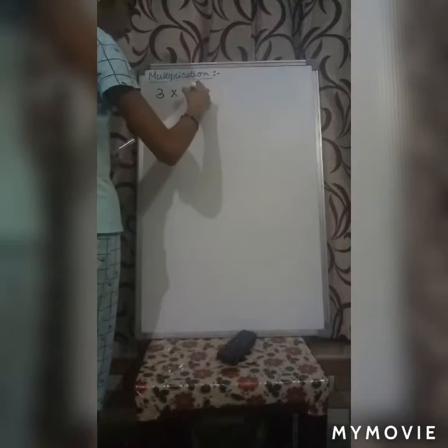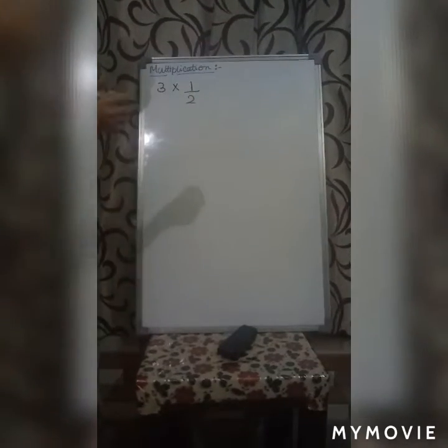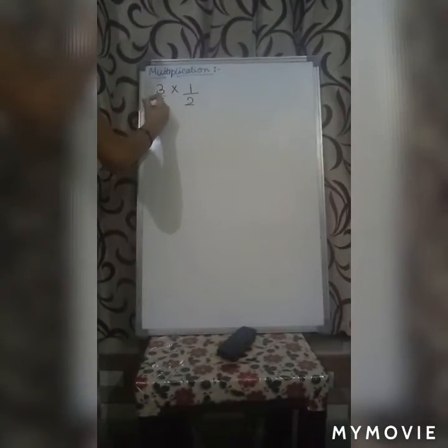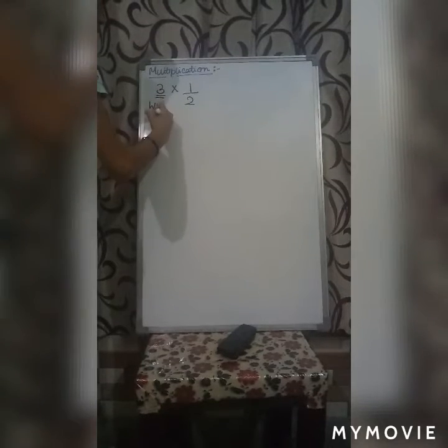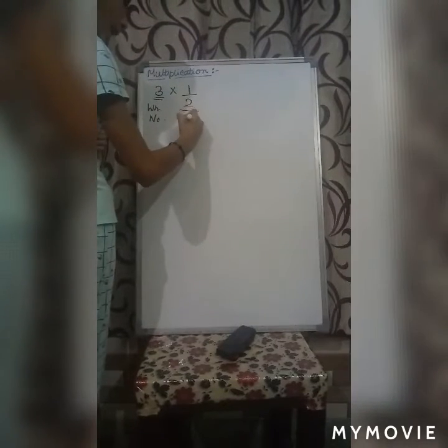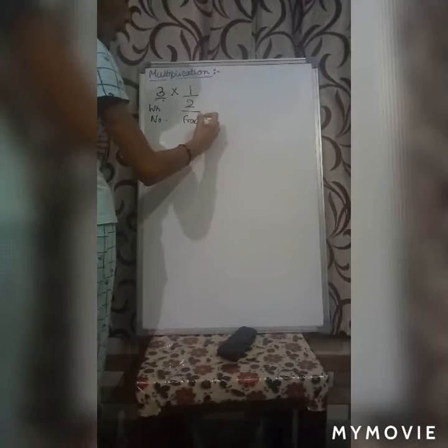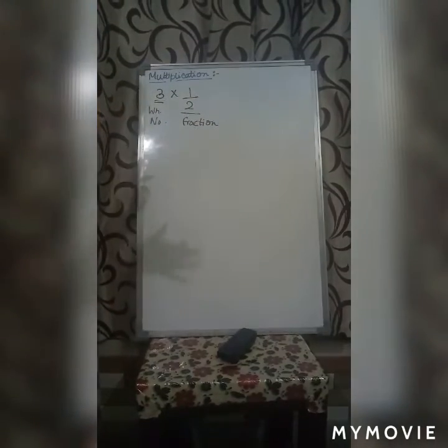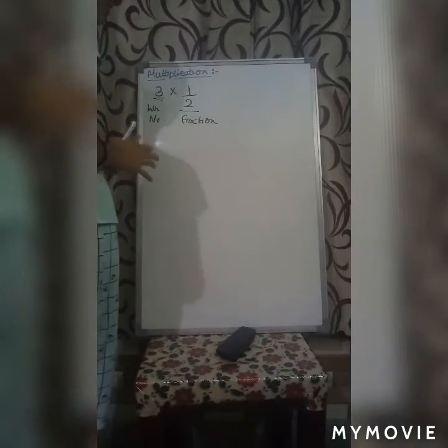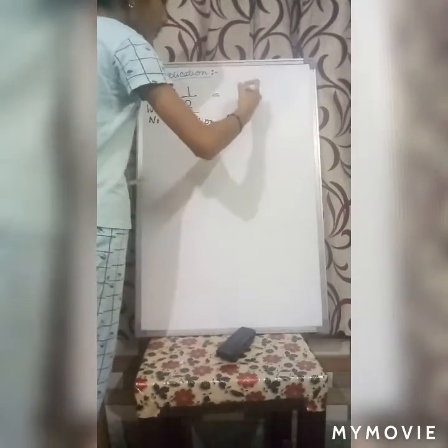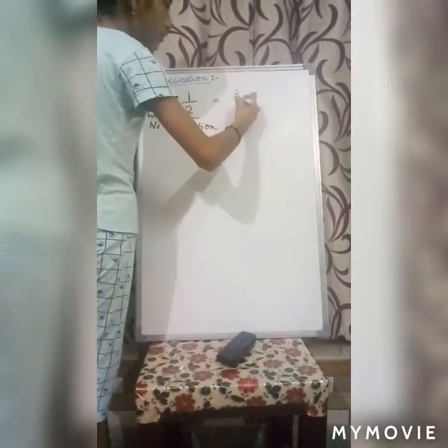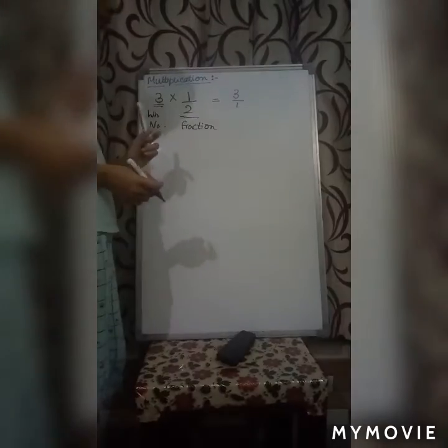So, multiplication of fractions. Let's take an example, which is 3 into 1 by 2. How to multiply these two? This is a whole number, and this is a fraction. How to multiply them? It's very easy. We all know that a whole number is represented as 3 upon 1.